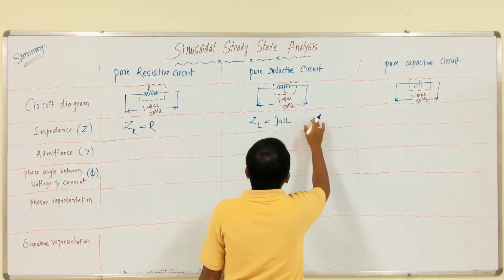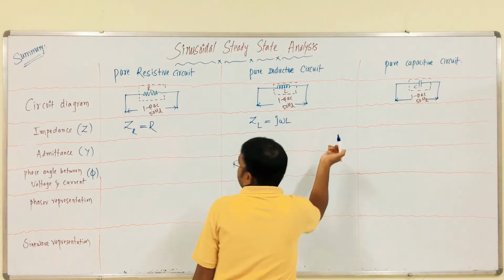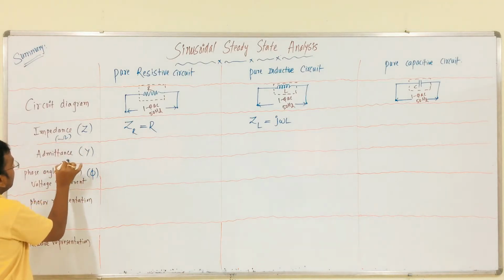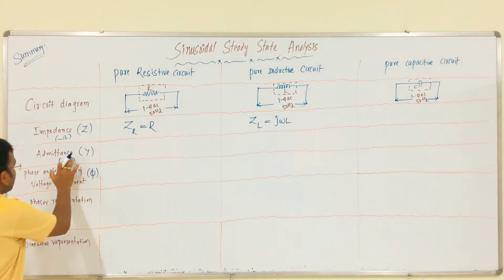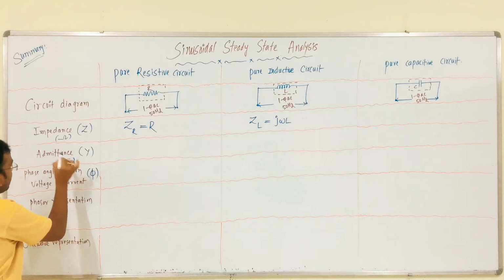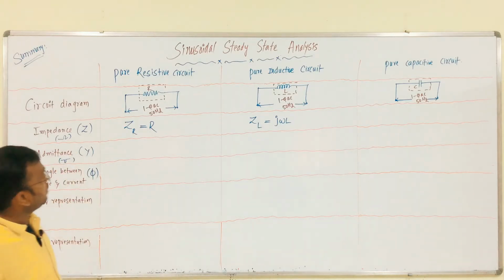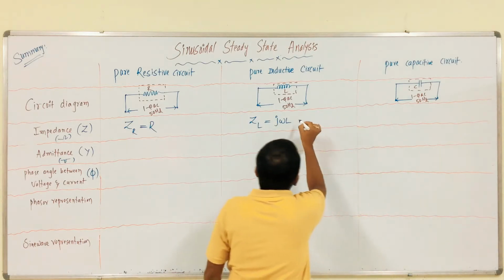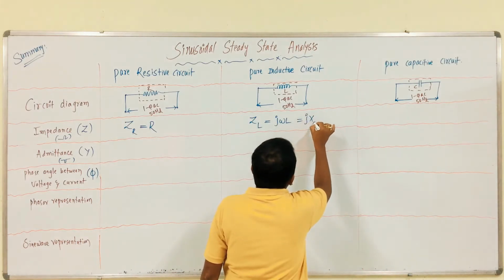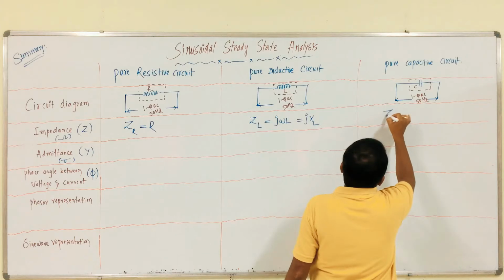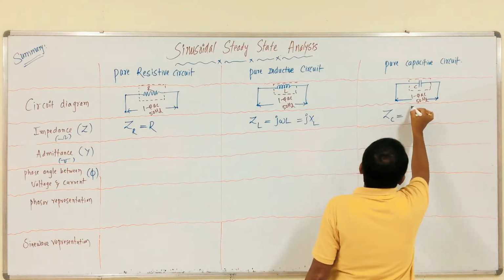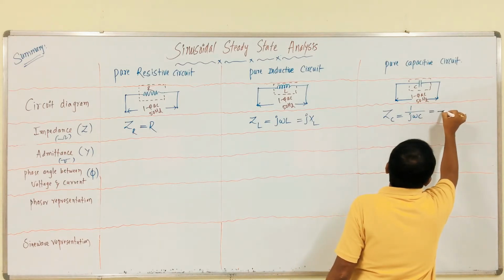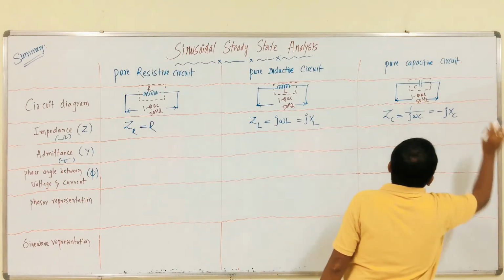You can write the units, ohms. J omega L, clear. Or you should write j XL, right. Here ZC is nothing but 1 by j omega C, which is nothing but minus j XC.